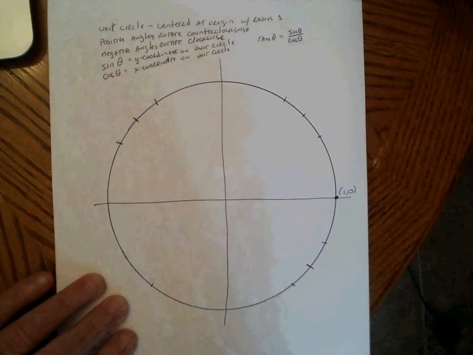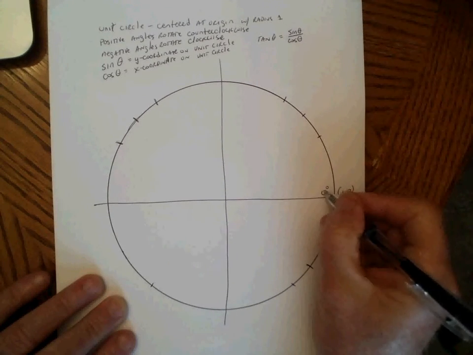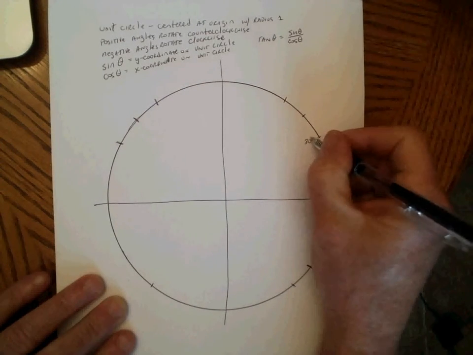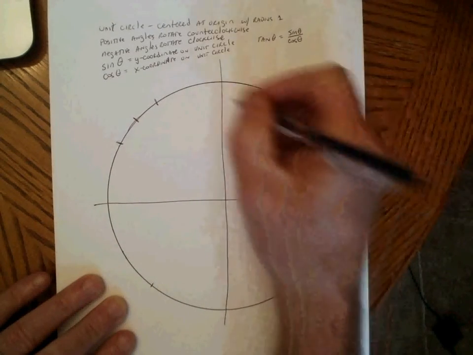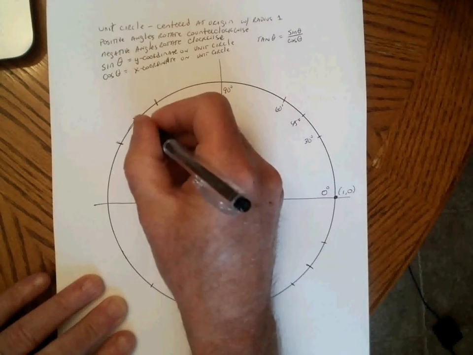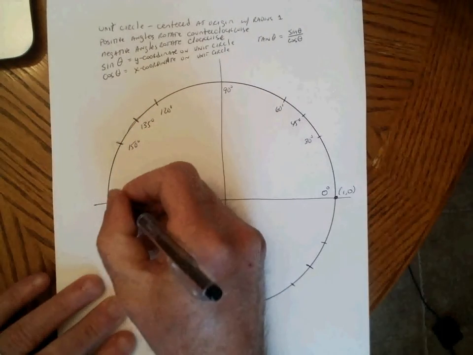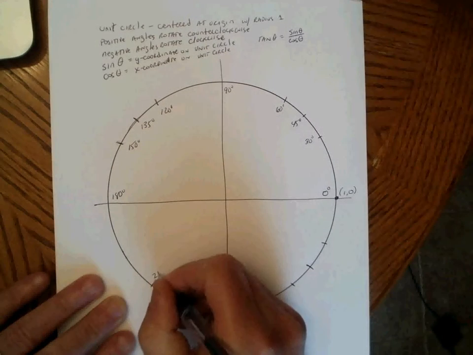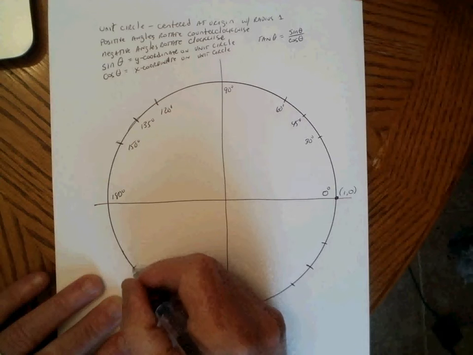So now, let's fill in what we know. Recall the angles. This is a 0-degree angle. Then we have 30 degrees, 45 degrees, 60 degrees, 90 degrees, 120, 135, 150, 180, 210, whoops, I thought I had this labeled.